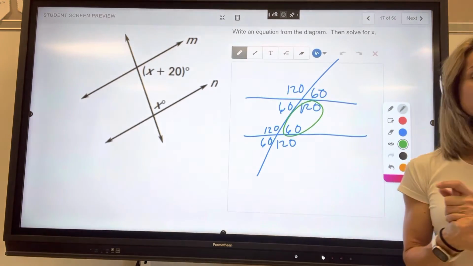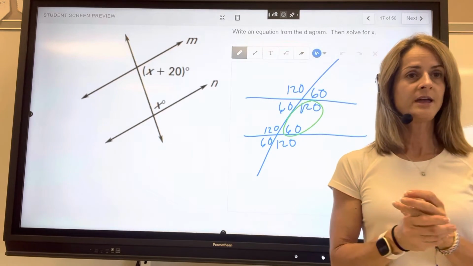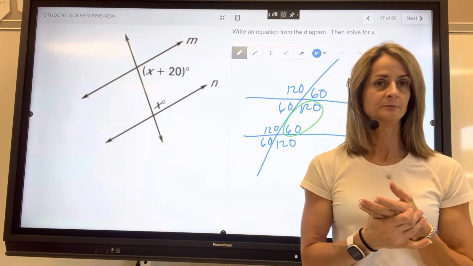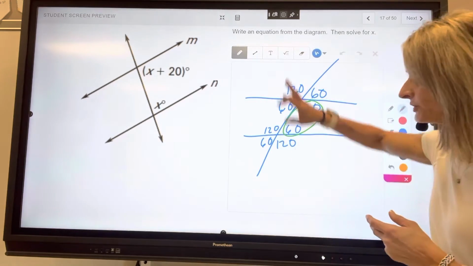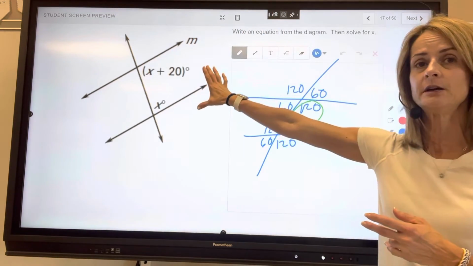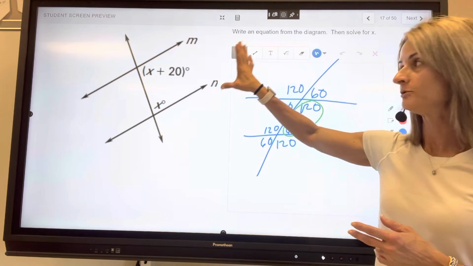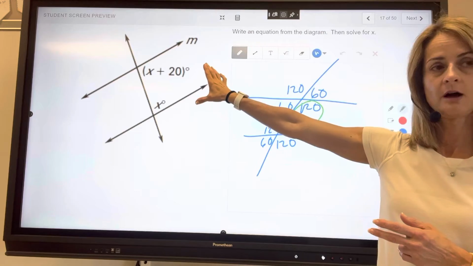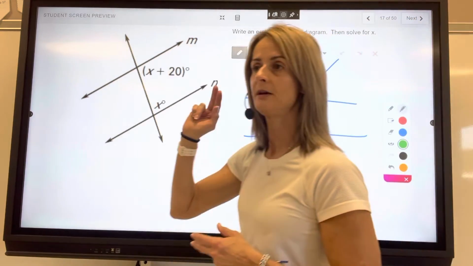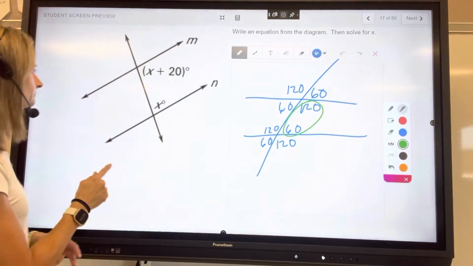Consecutive interior angles are not the same. They are supplementary. It means they add up to 180. So when you get a diagram like this where you see consecutive interior angles, you do not set them equal to each other to make the lines parallel. You add them up and set them equal to 180.